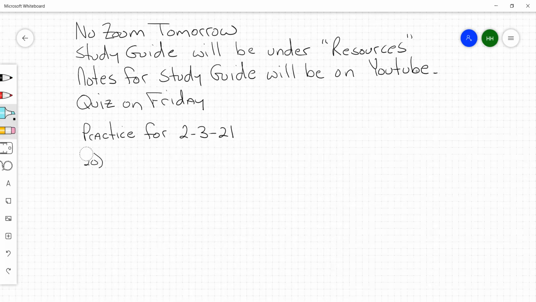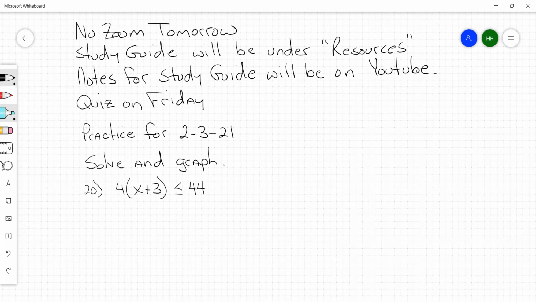So let's do this. We're going to solve and graph. I'm not going to skip any space because I don't have to work these out.